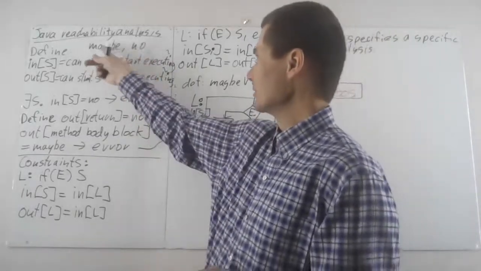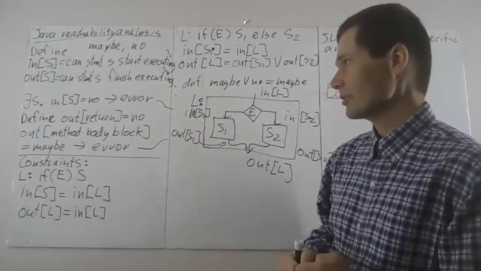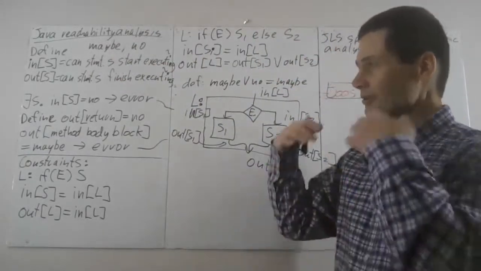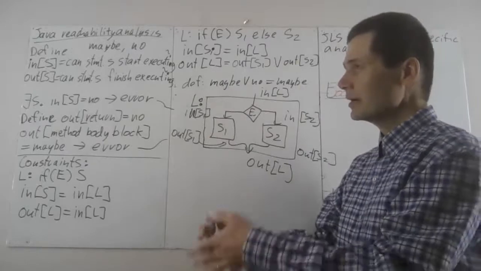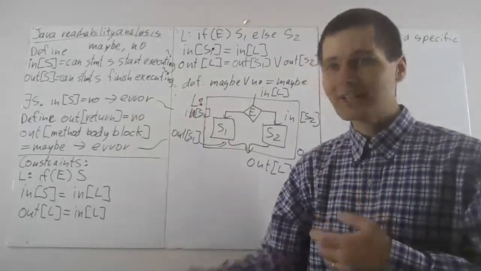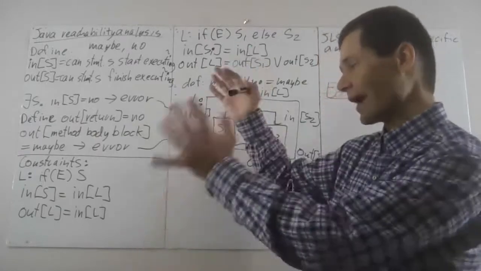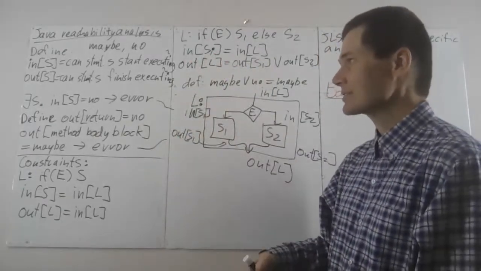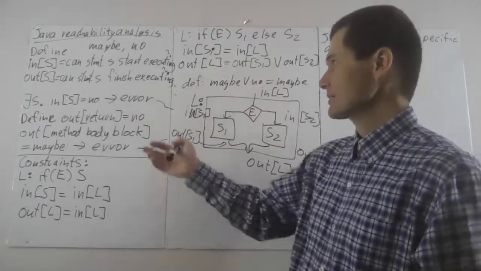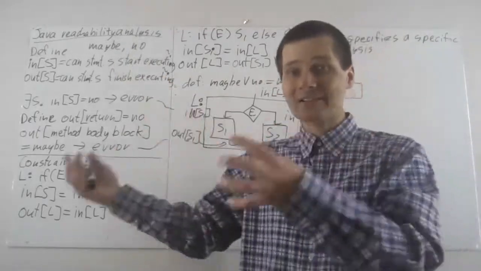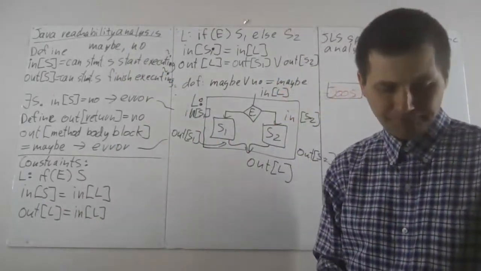The possible answers are maybe or no. It's always safe to say maybe, but as I discussed last time, the Java spec tells you to do this particular analysis that's going to say maybe in the exactly specified cases.